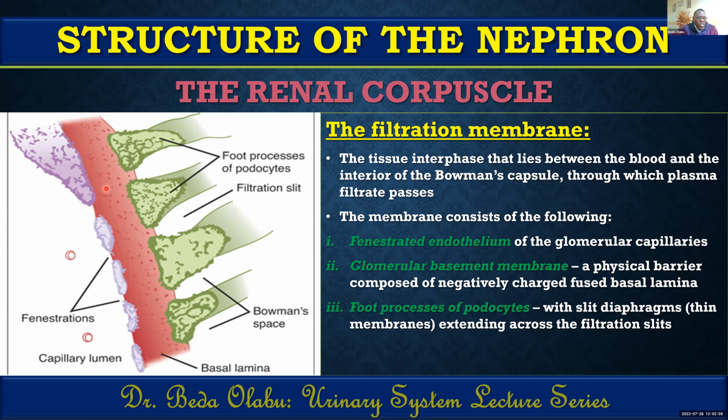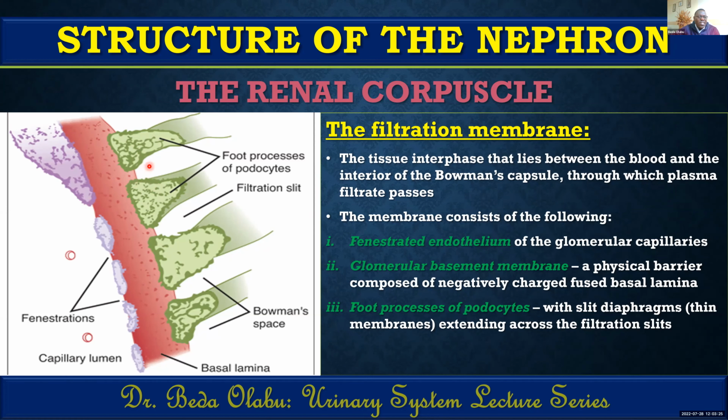This region is the fused basal lamina, formed by the basal lamina of the endothelial cells and the basal lamina of the podocytes. And then after going through the first basal lamina or the glomerular basement membrane, it will go through the filtration slits that are found between the podocyte processes.